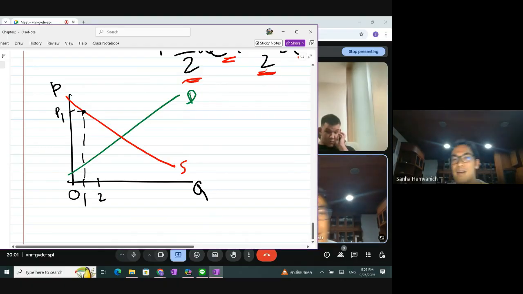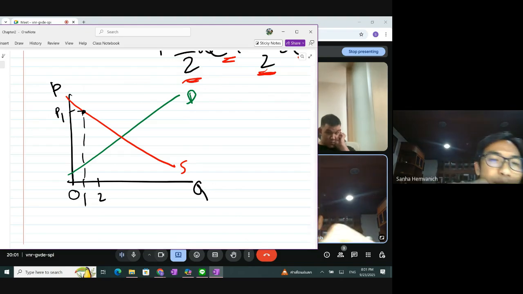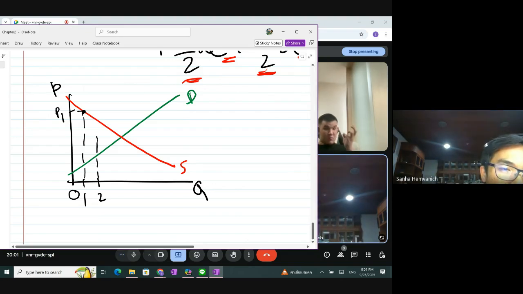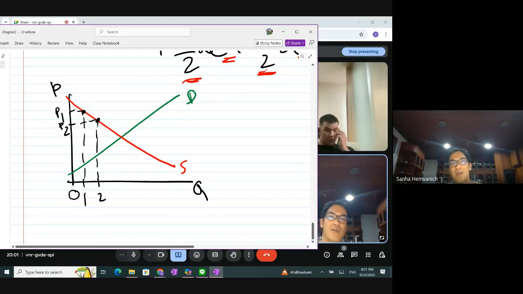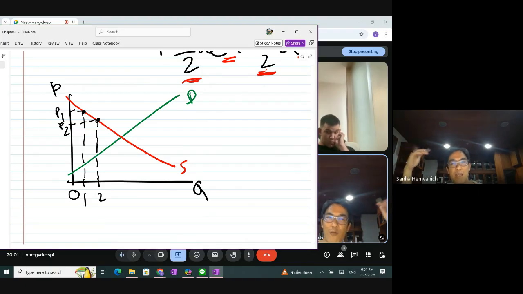Now you produce another unit, unit number 2, right? For unit number 2, people would like to pay this much, P2. And we keep going on and on. So the price that people are willing to pay is less and less, because now there are more units of the good, right?